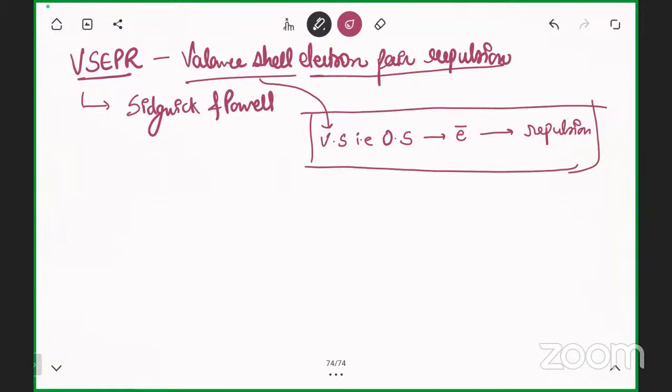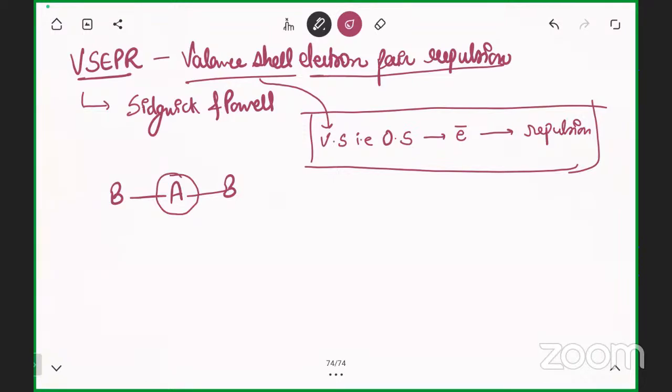Second thing, suppose A is an element forming a compound with B and another B. So A is known as the central atom.